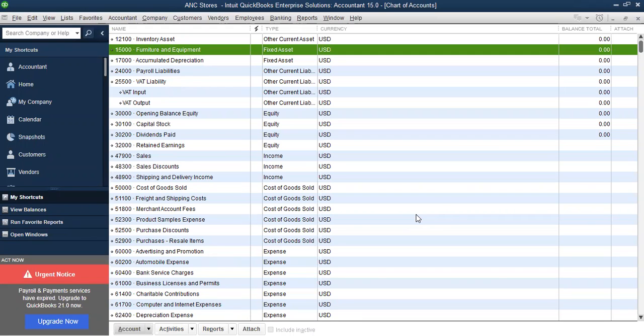Number one, assets, fixed assets. The sub accounts you can have under fixed assets are costs, depreciation, disposal, and revaluation. So we have a fixed asset account, and under it the sub accounts.